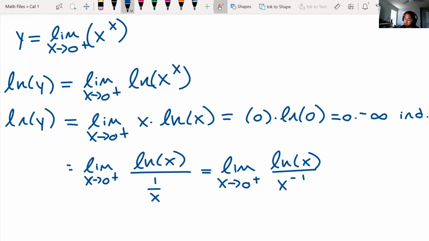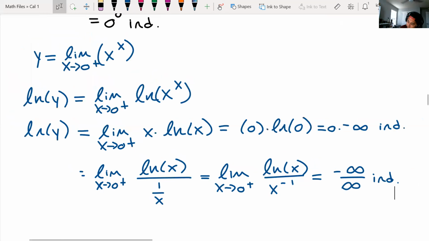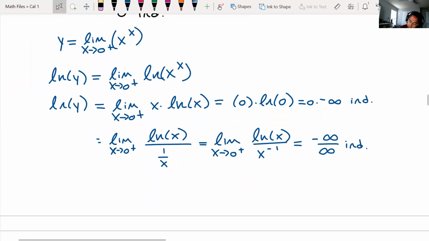And once again, if you plugged in 0, you'd get negative infinity over infinity, which is indeterminate. Which means now we get to use L'Hopital's.